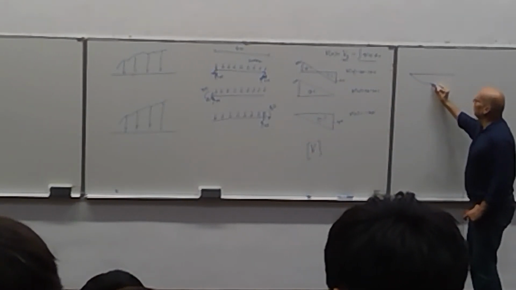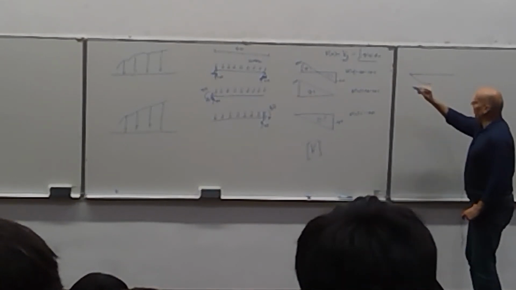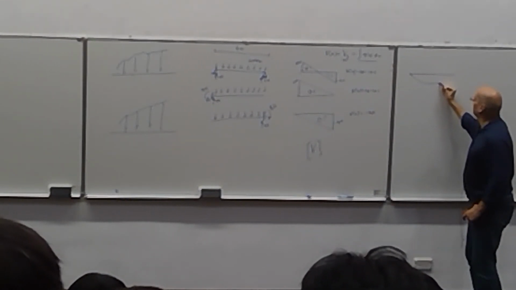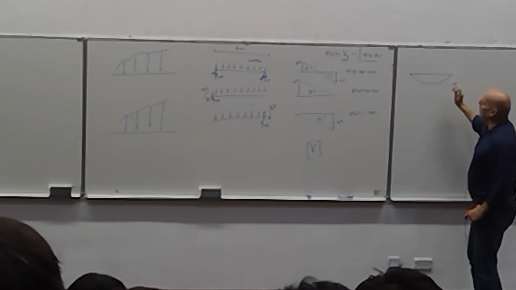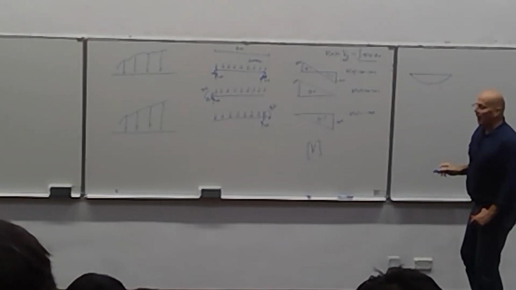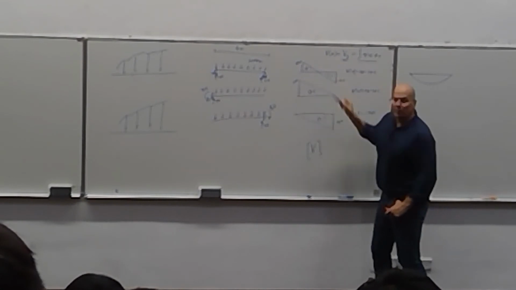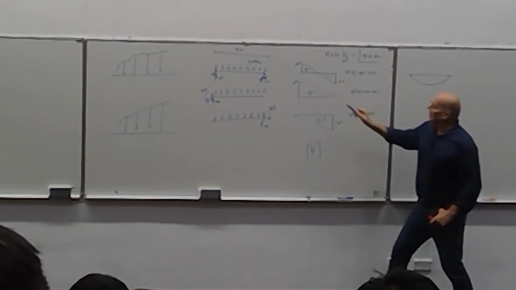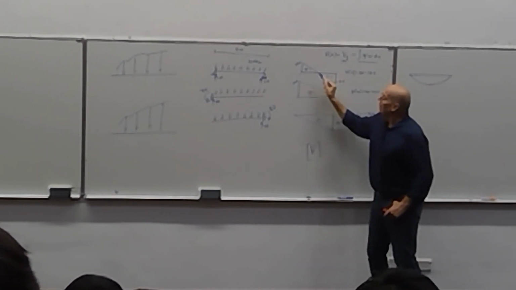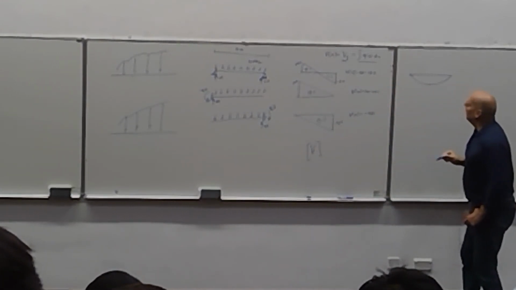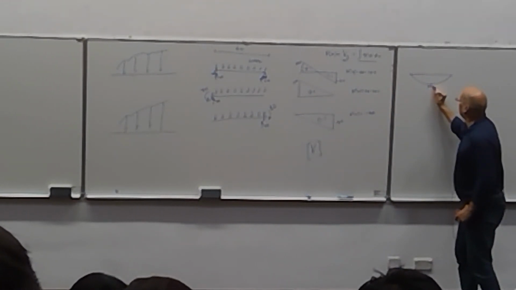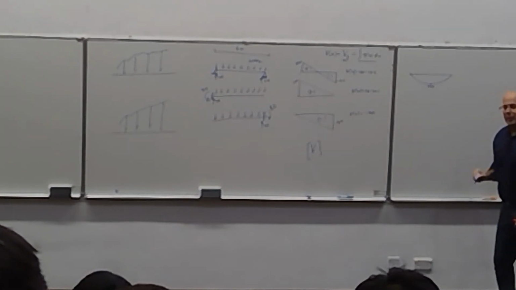And after this point, we start having negative shear, so we must be going in the negative direction, so we must be going up. So it is easy to show actually that how much we move from here to here is the area under this diagram, which is 20 times 2, 40 over 2 is 20, so this is plus 20. This is the maximum bending moment, 20.